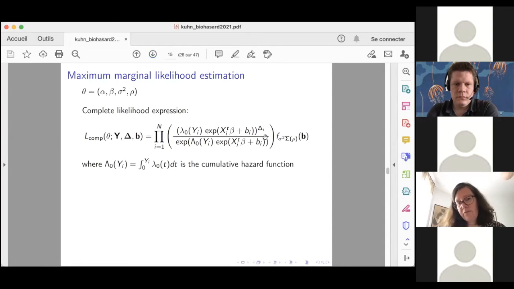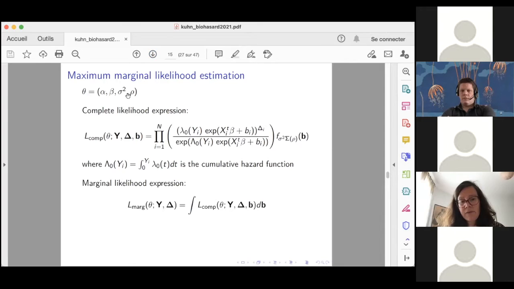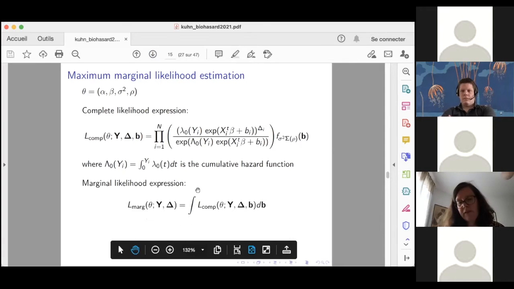This comes from the frailty model. So you express the likelihood given the frailty B. And here you have the distribution of the frailty term, which is Gaussian with this covariance matrix. And now from this complete likelihood, you can deduce the marginal likelihood by integrating out the frailty terms.